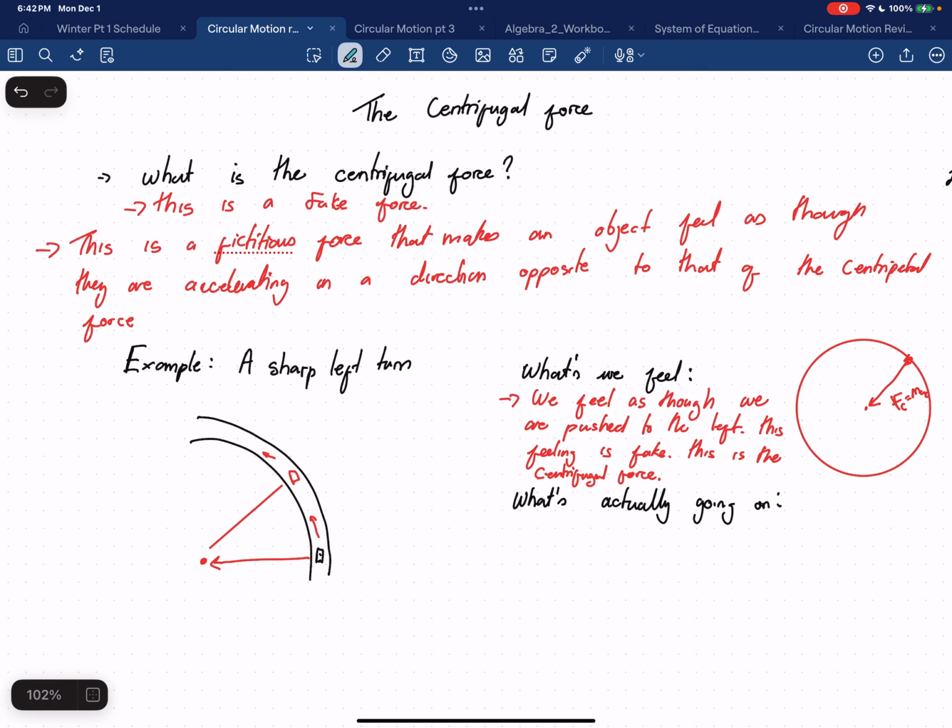What's actually going on is the car is experiencing an acceleration directed at the center of the circle.